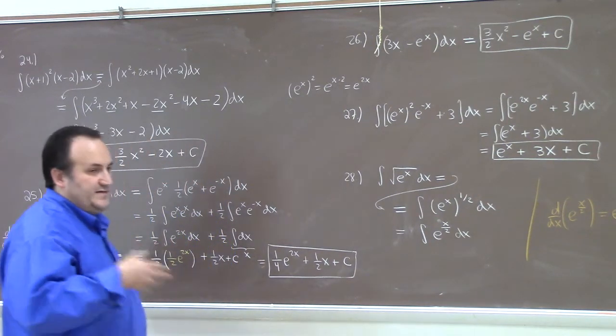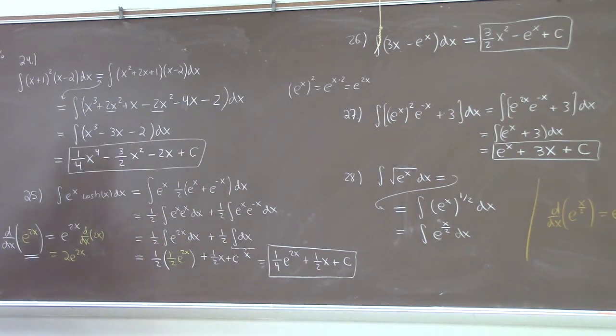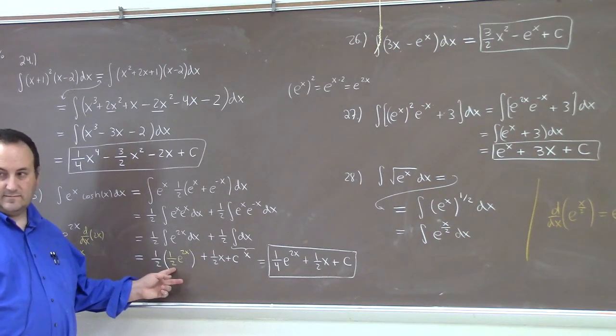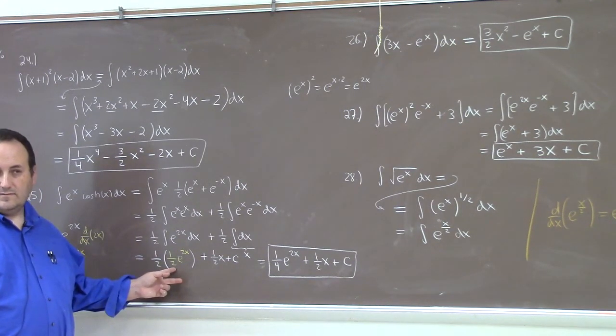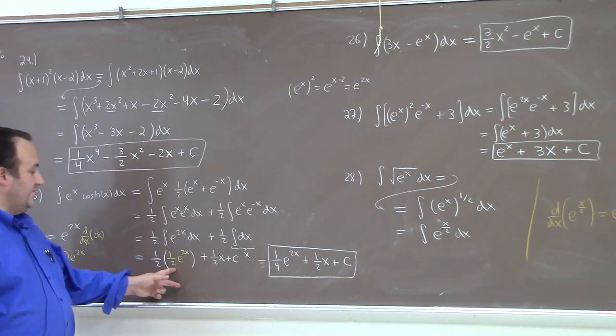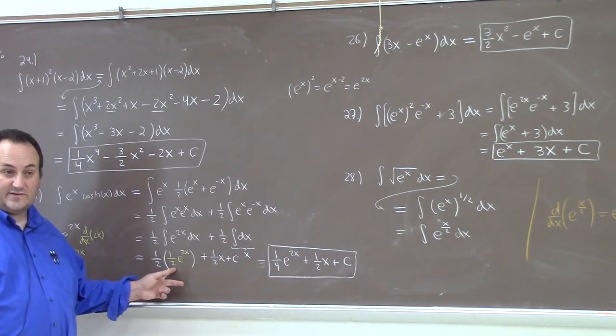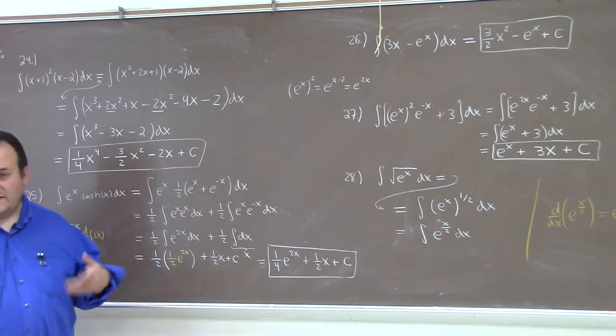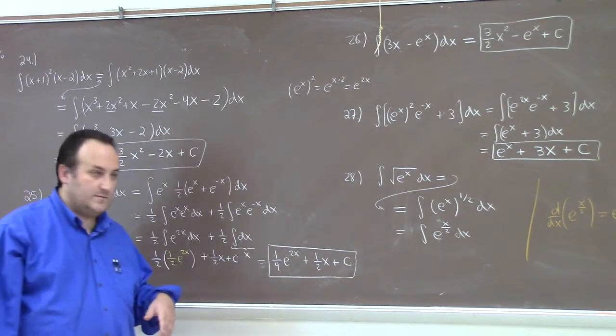So if you look back at the examples we've done, when we had 2, we divided by 2, right? If you look at number 25, when we had 2 in e to the 2x, we divided by 2, right? Now we've got a half, so we're going to divide by a half, right? But dividing by a half is actually multiplying by 2.